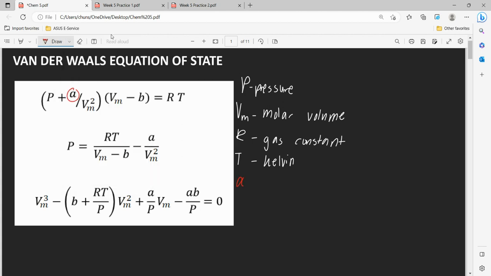We've got A, which is one of our coefficients, and we've also got B, which is another one of our coefficients.